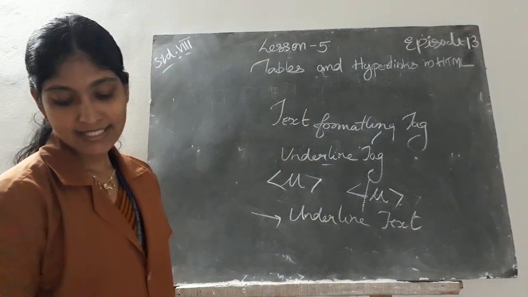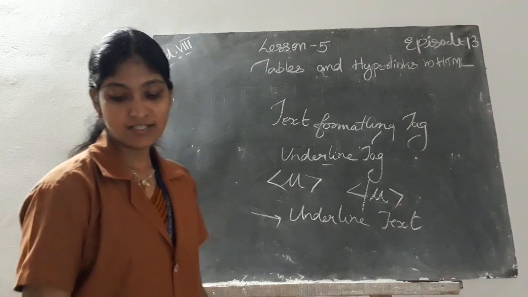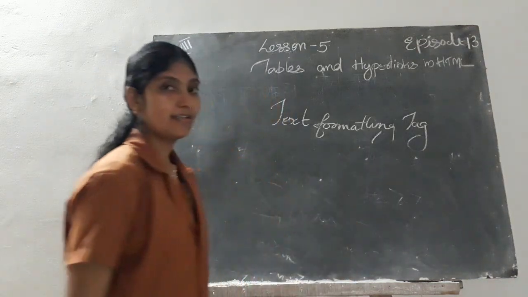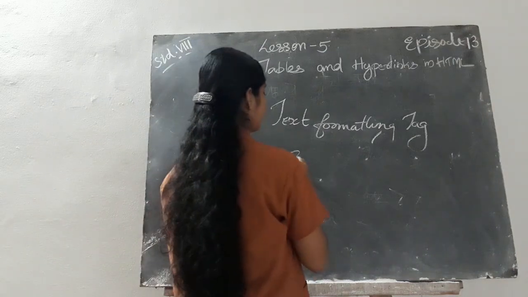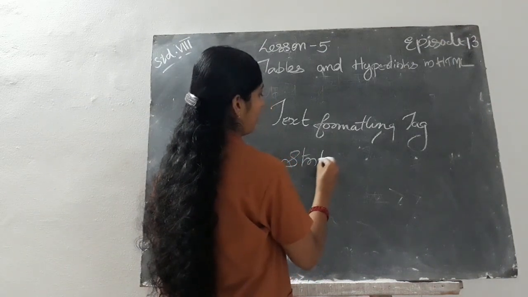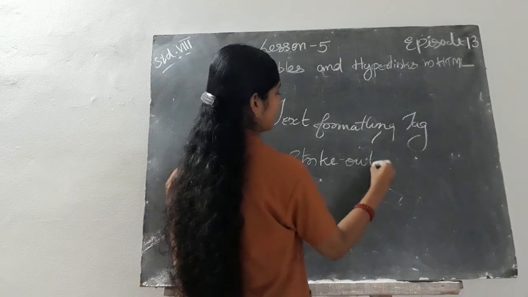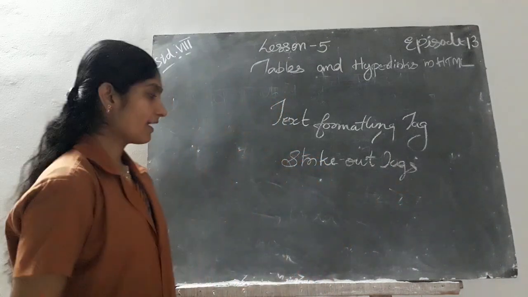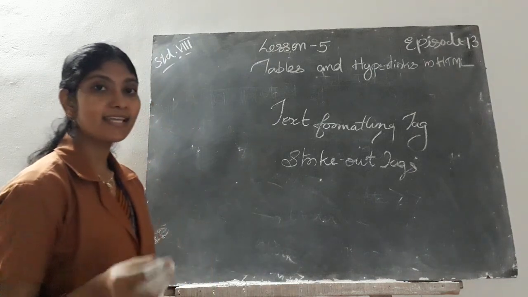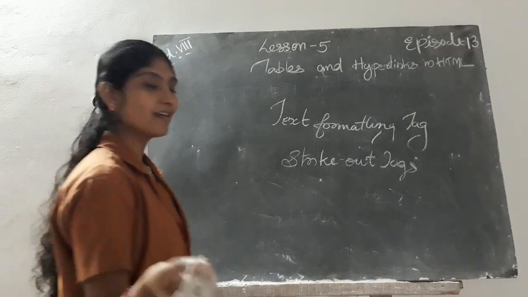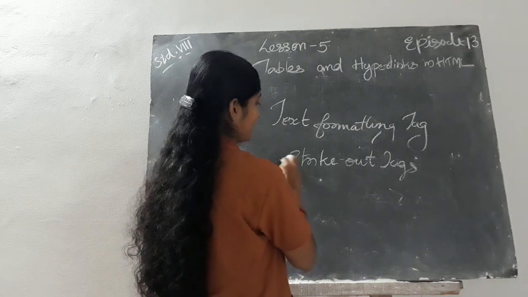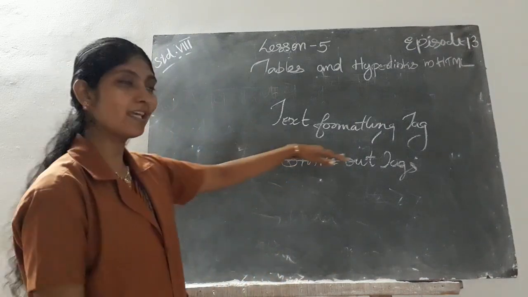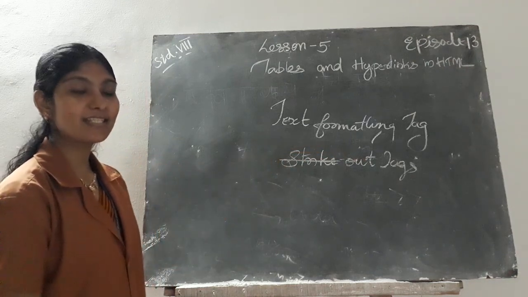Next is strikeout tags. Strike through means what? Strikeout tags. Put a cross line from right to the next end. This is strikeout. A line crossing the text, that is strikeout.